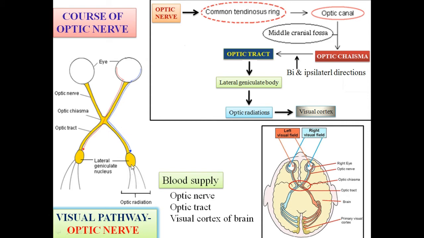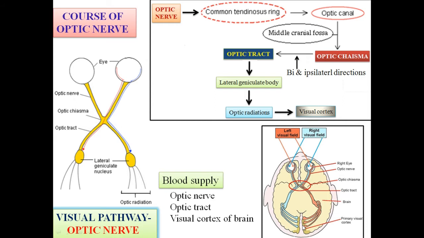From the lateral geniculate body, the hair-like fibers of the optic radiation arise on either side and synapse with the visual cortex of the brain.